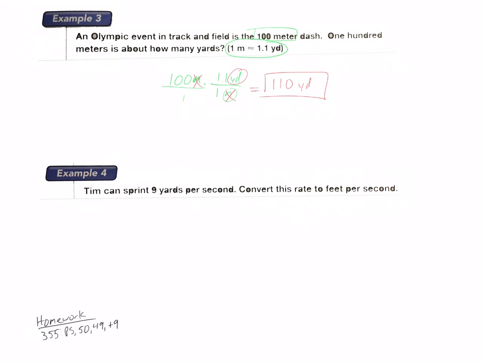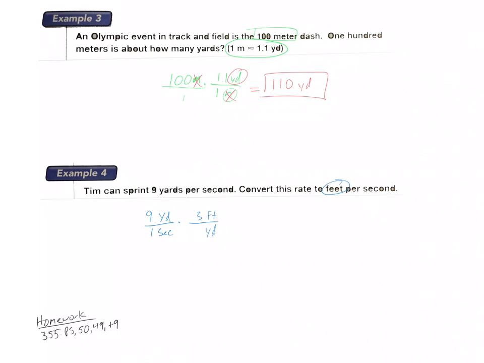Example 4 says, Tim can sprint 9 yards per second. Convert this rate to feet per second. So here I have 9 yards per 1 second, and I need to convert this rate into feet per second. The seconds I'm happy with, I just need to change the yards into feet. So I need yards down here and feet up here.